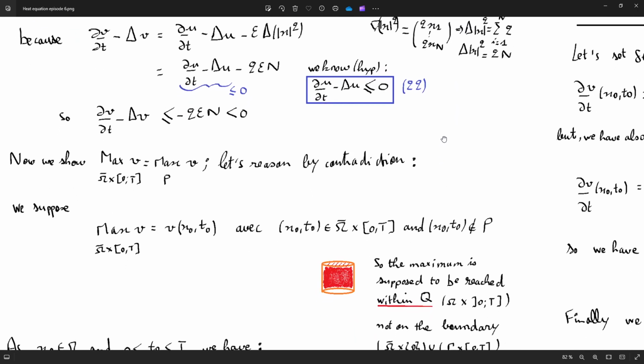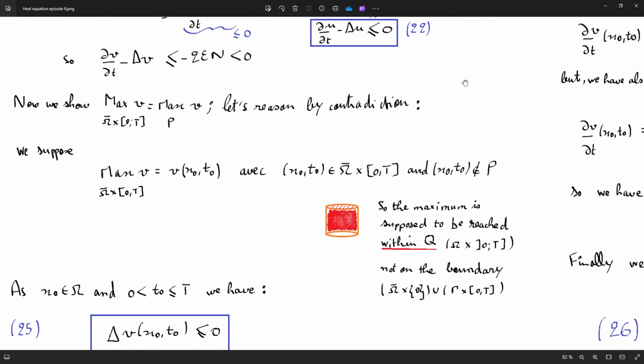Now we show that the maximum of v on omega bar times 0, T equals the maximum of v on P. Let's reason by contradiction.